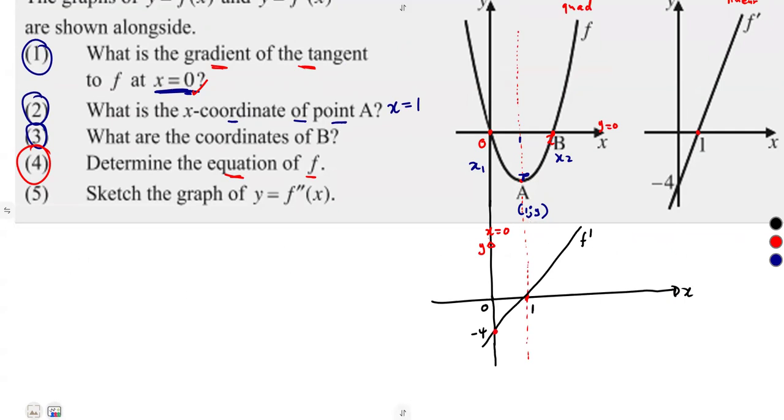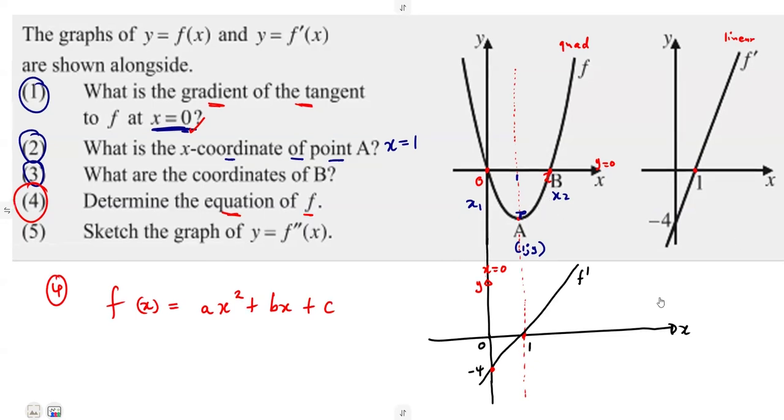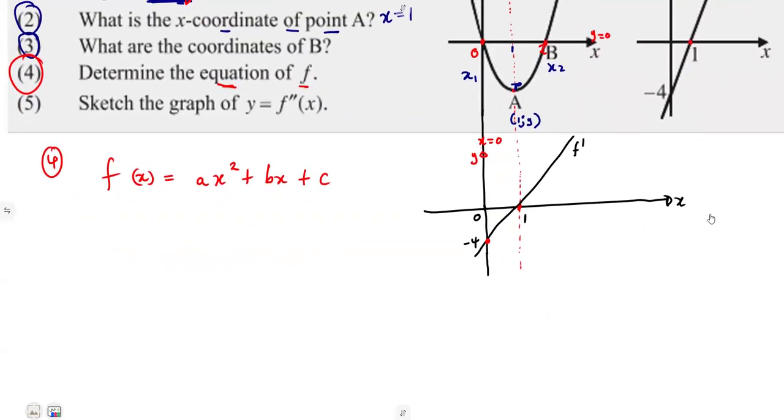But we do understand that it is a quadratic function, so our f of x is going to be taken as ax squared plus bx plus c. But from f of x, we are limited so much because of the information that we have. So what about from the second derivative?